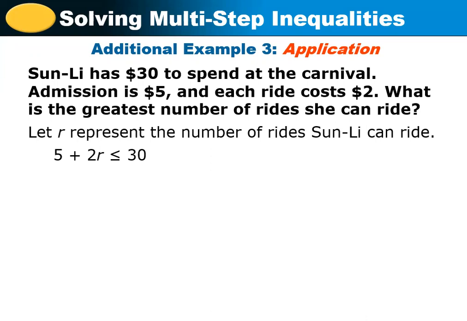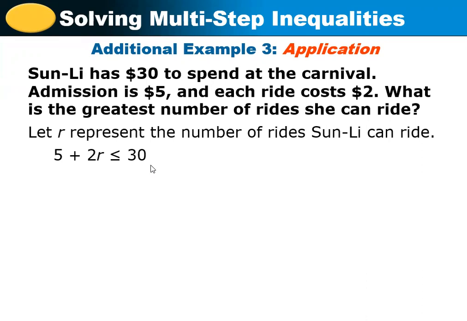Then her budget to spend at the carnival is $30. Admission is $5, so this is the base. You have to pay $5, and each ride costs $2. So we have to put a variable for each time she rides, $2. For this reason, we wrote 2R plus 5 less than or equal to 30.